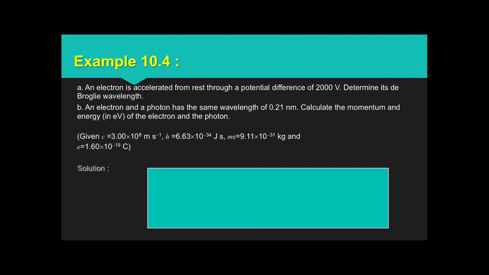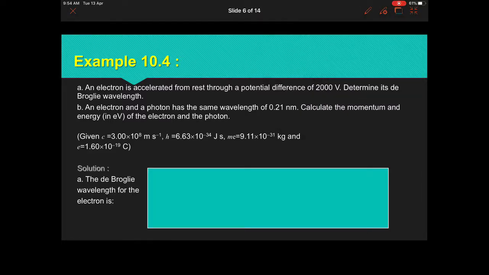Since we are given the potential difference, we can find the de Broglie wavelength for the electron by using the equation lambda is equal to h over the square root of 2meV. And then we just have to substitute in the values that are given to us.